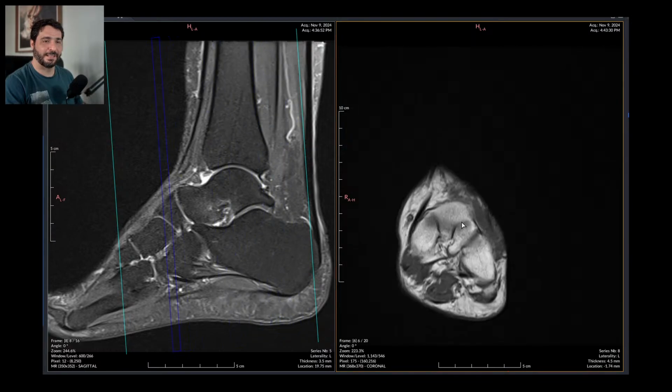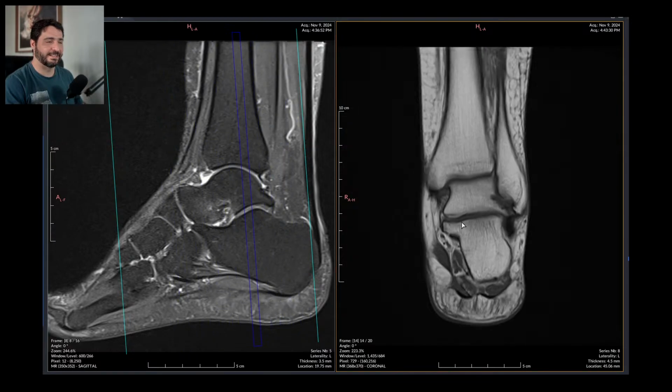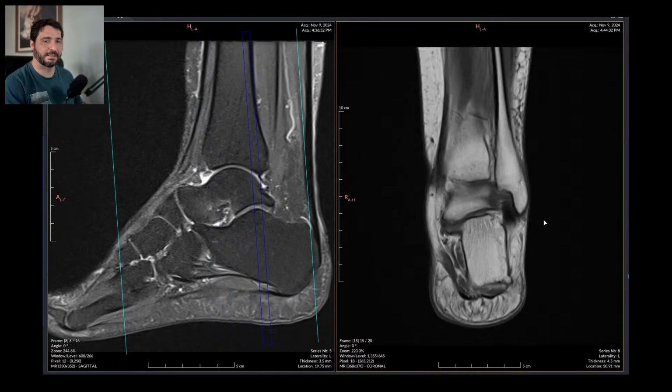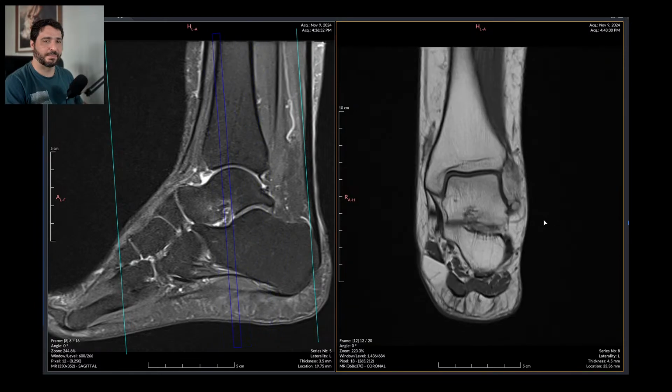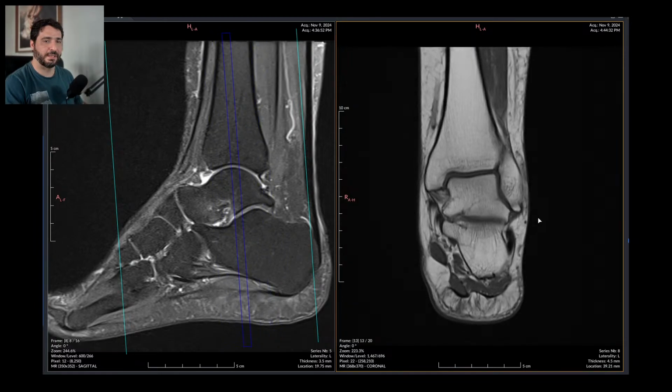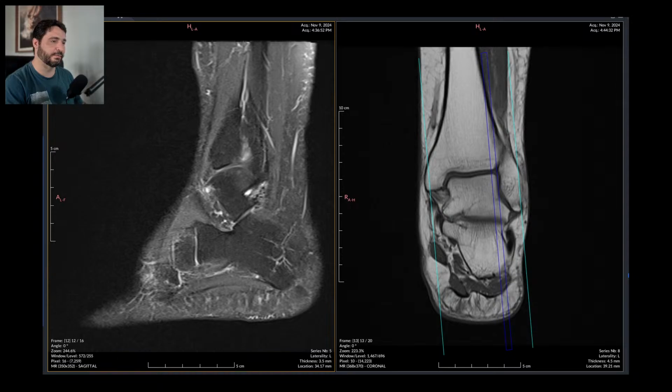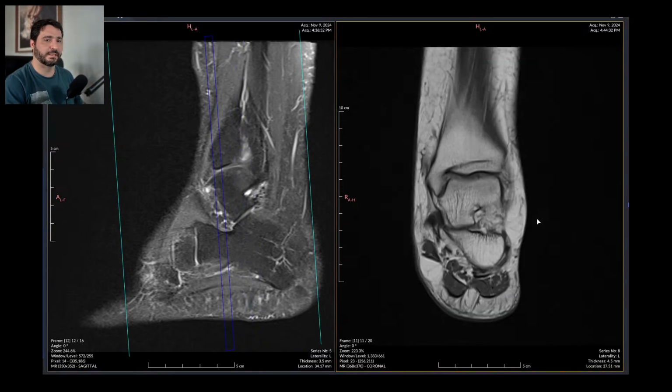Let's just keep it up. And there is some degenerative disease right there. Just some interzophites. Tiny bone spurs related to maybe an old avulsion fracture. That's as much as I can tell. Ligaments seem fine.